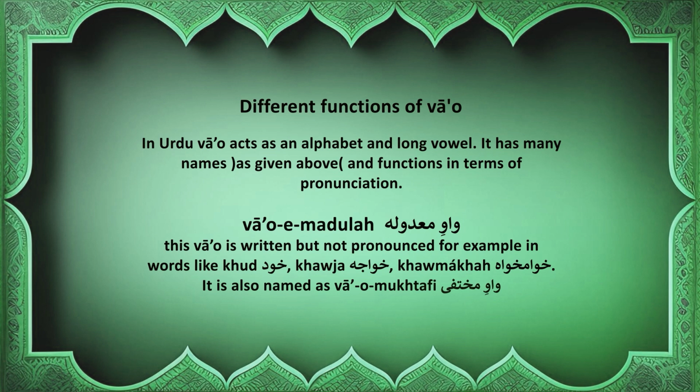Instead of reading it khawaja, we read it khaja. And a third example here is khama, kha. When vav is written, it should be khawama, khawa, but it falls in the category of vav madula, so we will pronounce it like khama, kha.